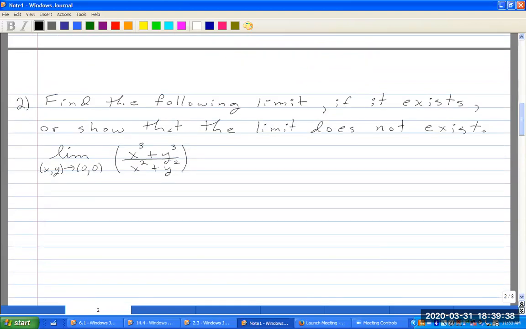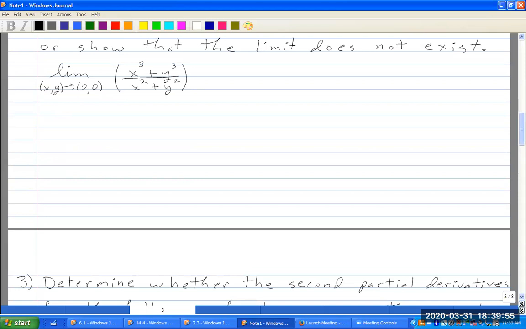Find the following limit, if it exists, or show that the limit does not exist. And so in this case, the limit should exist. It should be 0, just by looking at what it looks like. So why don't we do the following? So again, let's call f of x y x cubed plus y cubed over x squared plus y squared.